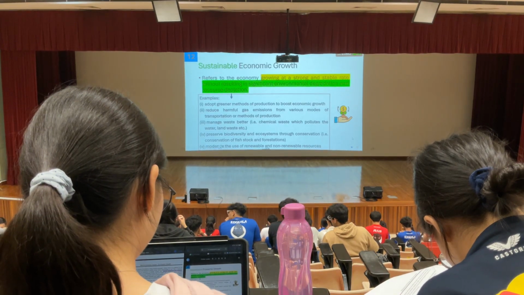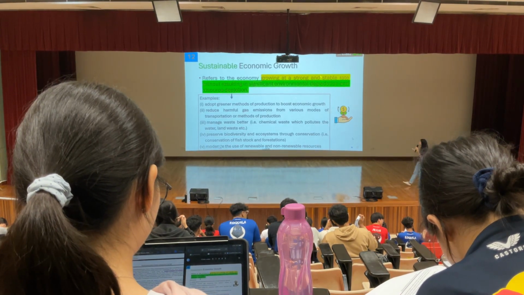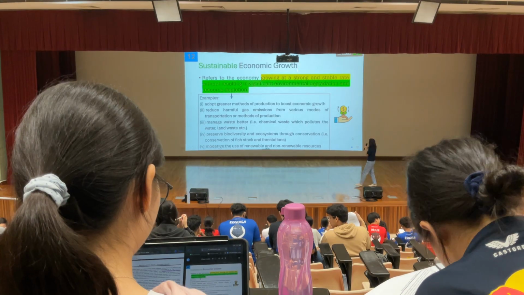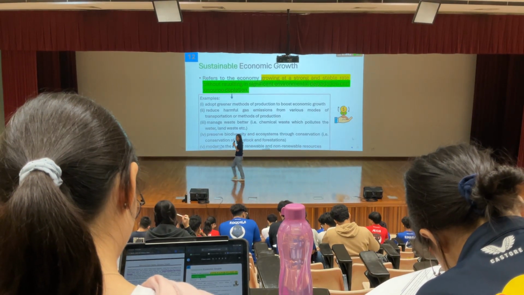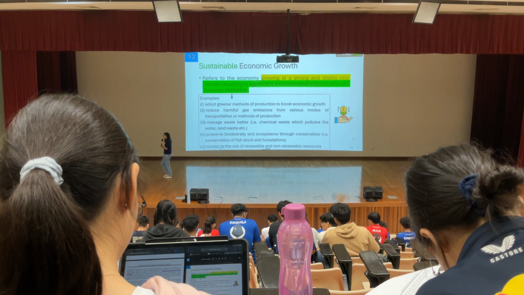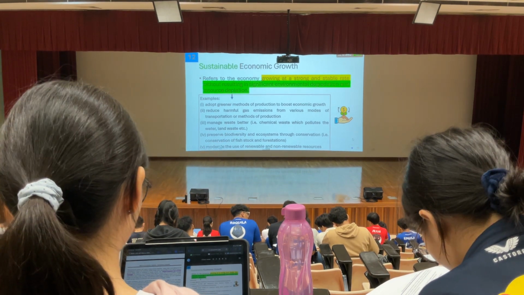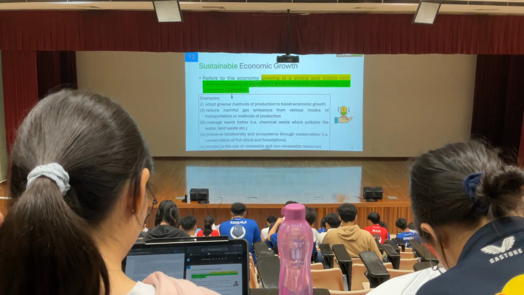So what is sustainable growth? First of all, the economy must be growing at a strong and stable rate. So the parts highlighted in yellow, what do they mean? To achieve sustainable growth, I must first have the economy growing. I must have sustained growth.